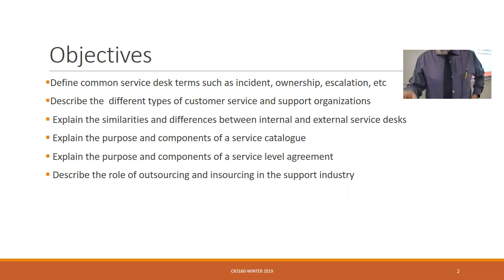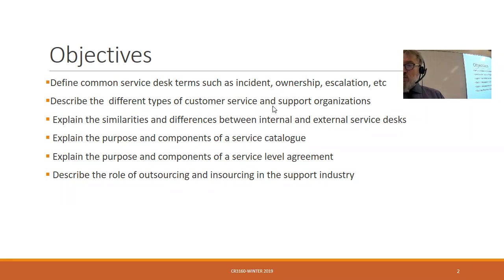By the way, this may seem familiar to you, because when I looked through the chapter 2 notes that have been prepared for us, it's similar to one of the chapters in the CR 1260 course. If you went back and looked over that, a lot of this would seem familiar. There are some things here that weren't discussed in that chapter.